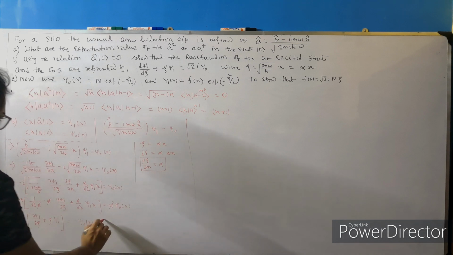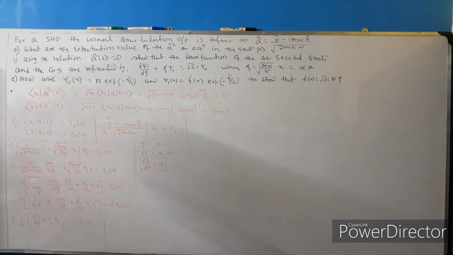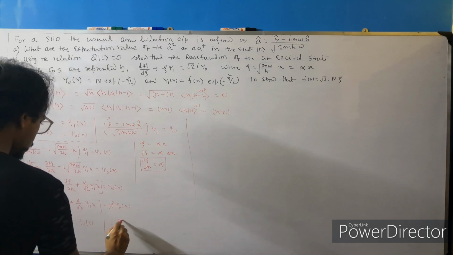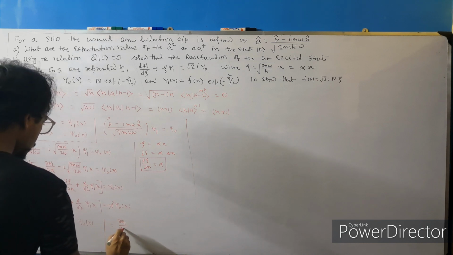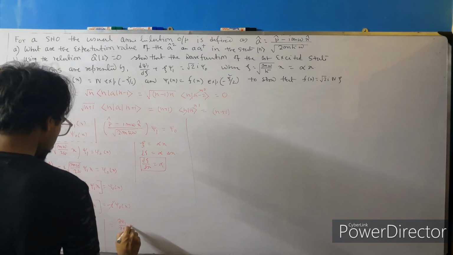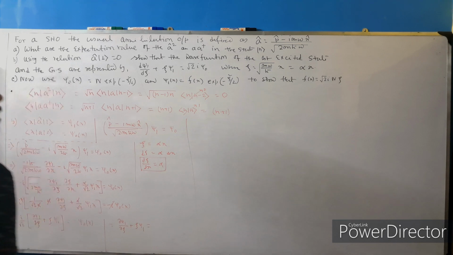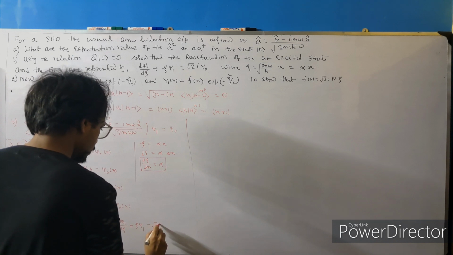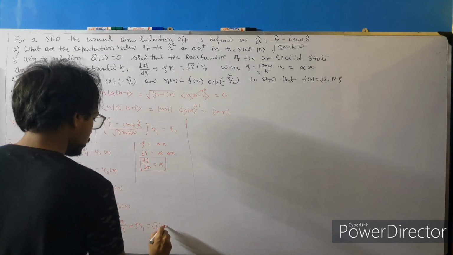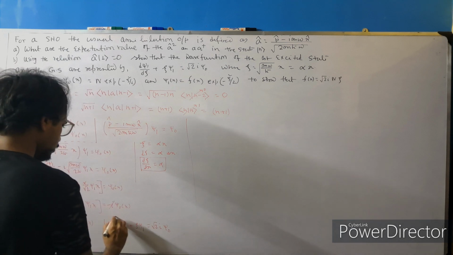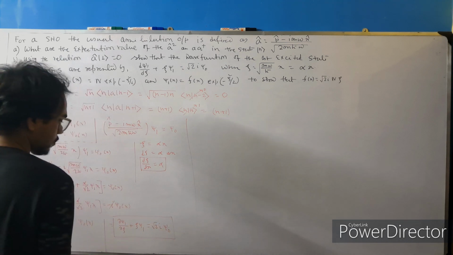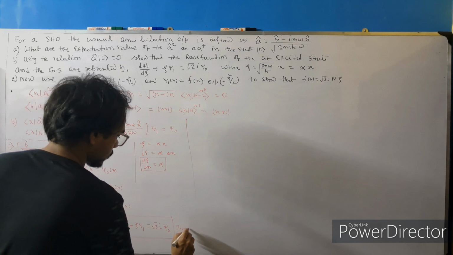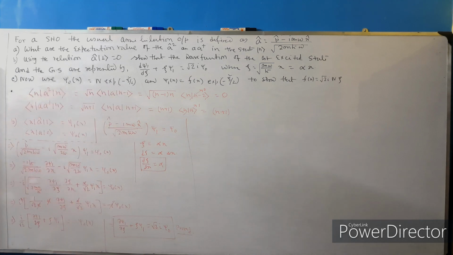So finally we can write del psi 1 del xi plus xi psi 1 is equal to our required value, which is root 2 i psi 0. This is the problem B, and we have done it.